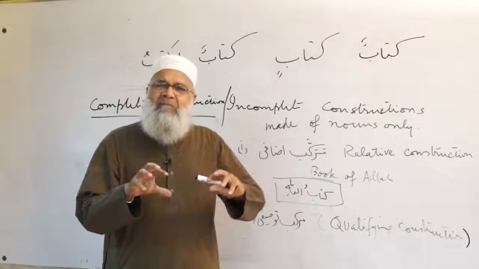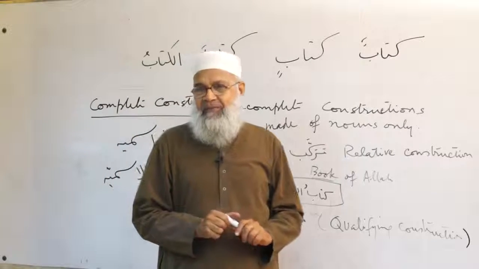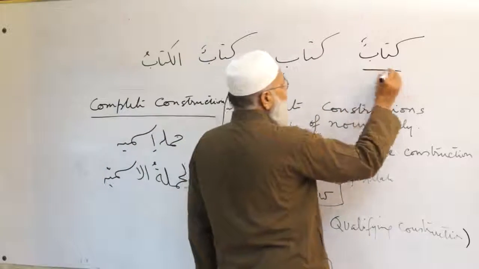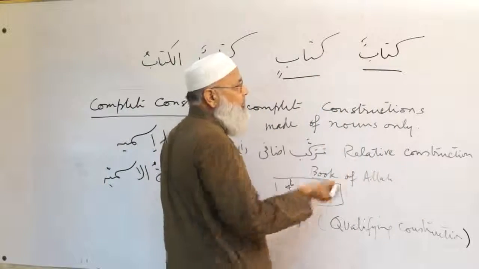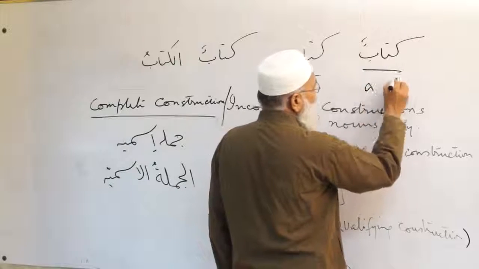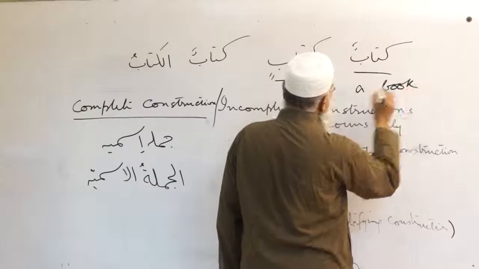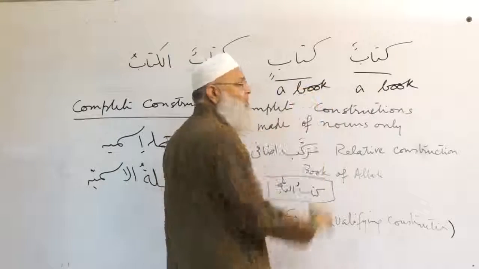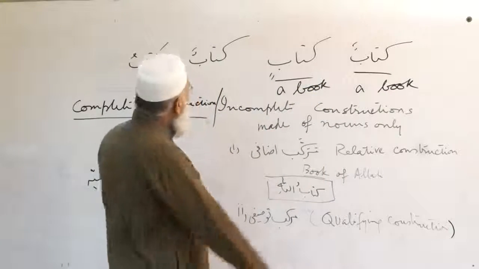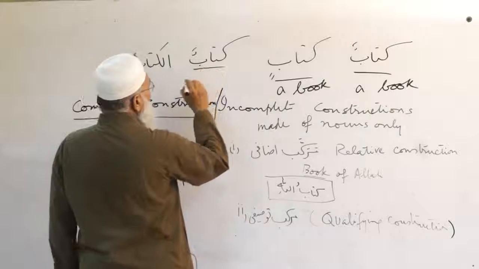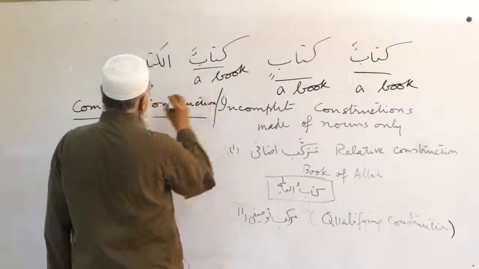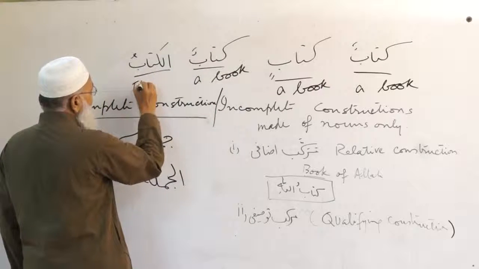You will have a very weak grip on the language, because if you want to translate Kitabun and Kitabin, both would be translated as a book, and again a book. Then Kitabun, a book, and Al-Kitabu, the book.